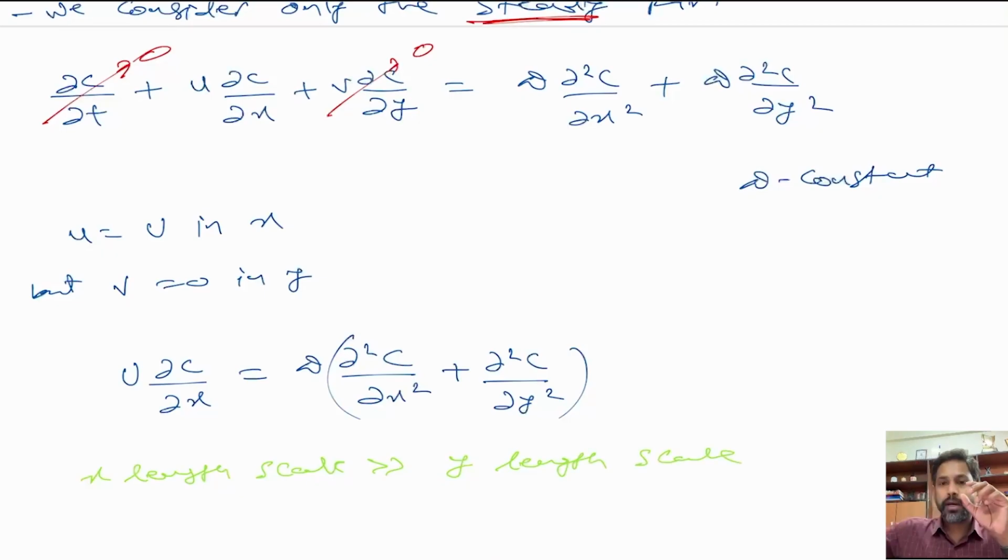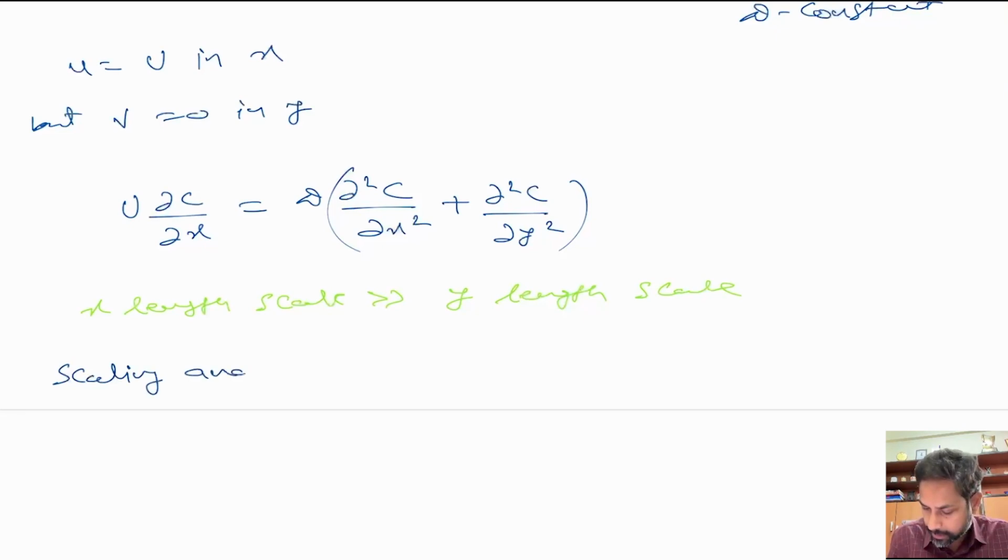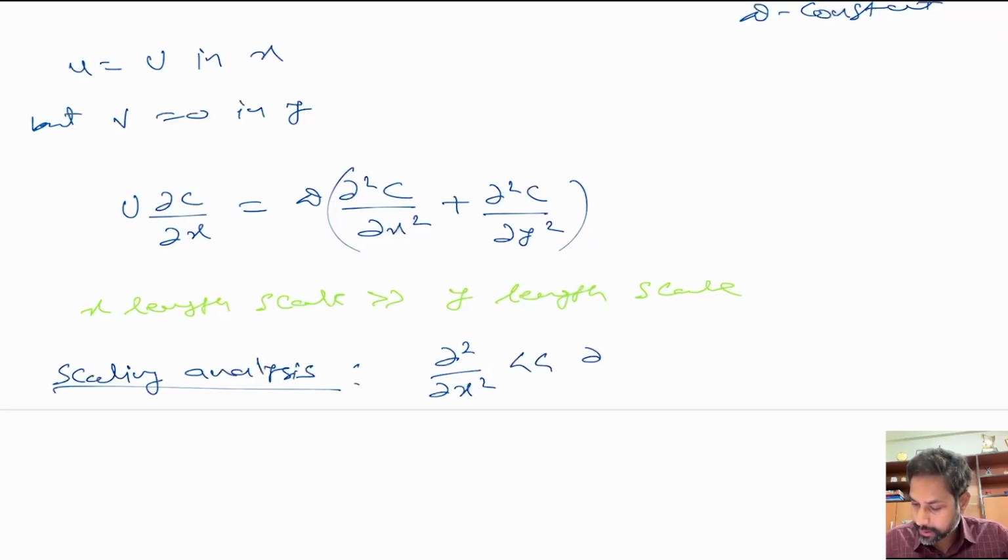Because flow is primarily happening in x direction, not in y direction, and that is why by scaling analysis we can say that d square by dx square is much smaller than d square by dy square, right?